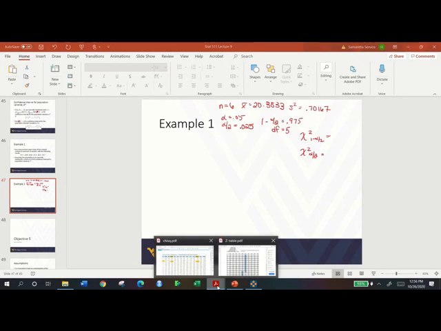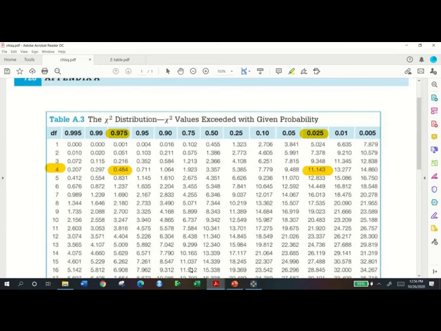So once again, pulling up that same chi-squared table, we're going to drop literally one row down, having our degrees of freedom at 5. Once again, since we have the alpha at 0.05, we need a chi-squared statistic of 0.831, and this time 12.833.